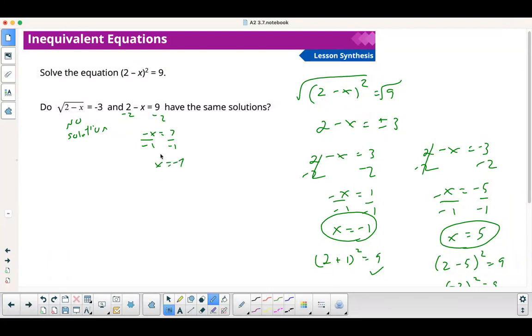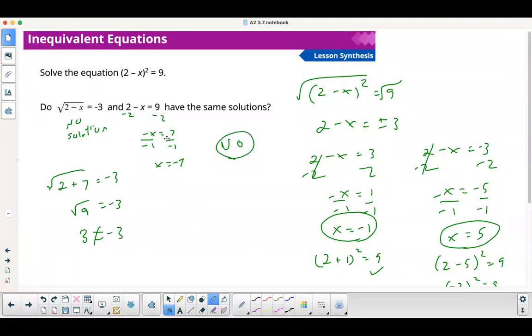You're going to get -7. Whereas here, if I plugged in -7, it doesn't really make any sense because I'd get 2 minus -7 becomes plus. So square root of 9 equals -3. So 3 is not equal to -3. So you can clearly see that they're not the same. So the answer here is no.